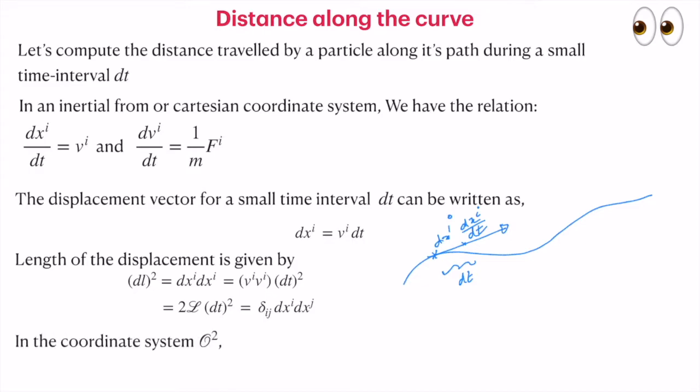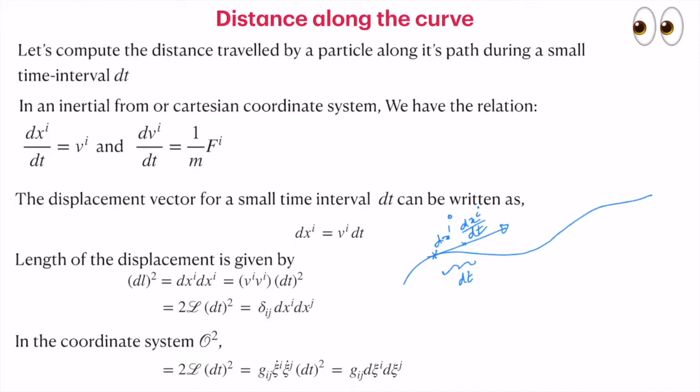So in any coordinate system, we can simply write this as twice the Lagrangian into dt squared. So what we basically obtained is the expression for the Lagrangian when transformed to an arbitrary coordinate system from an inertial coordinate system. We have g_ij xi dot i xi dot j into dt squared. So that is what we have.